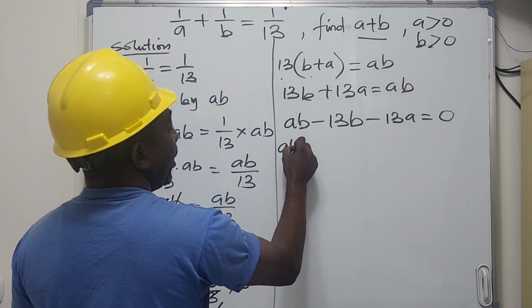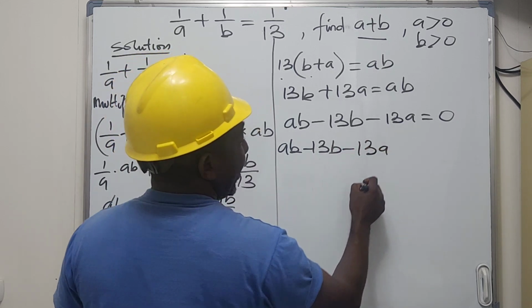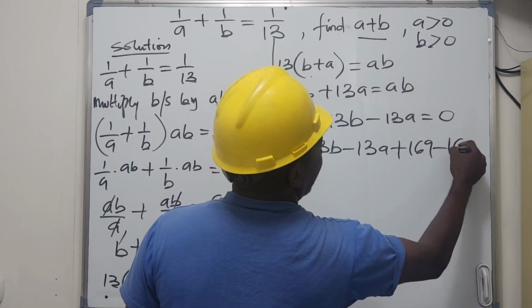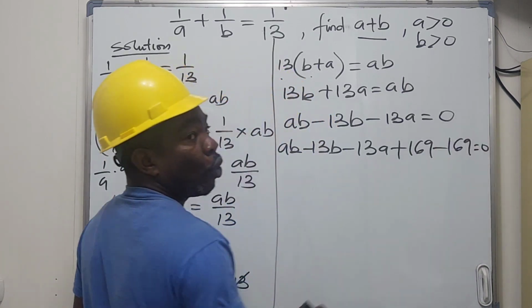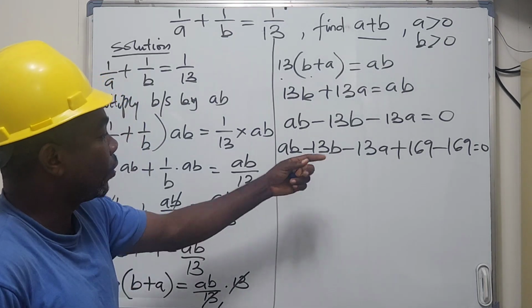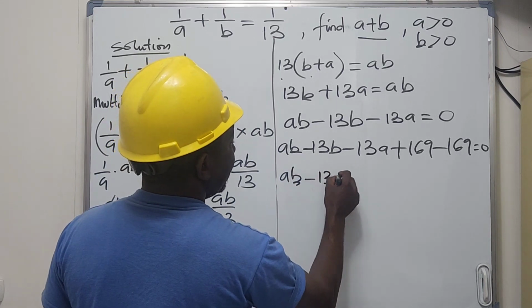So this will become ab minus 13b minus 13a plus 169 minus 169 equals 0. You can subtract this. This will go off. We just bring that for us to be able to factorize this. So this will give us ab minus 13b.